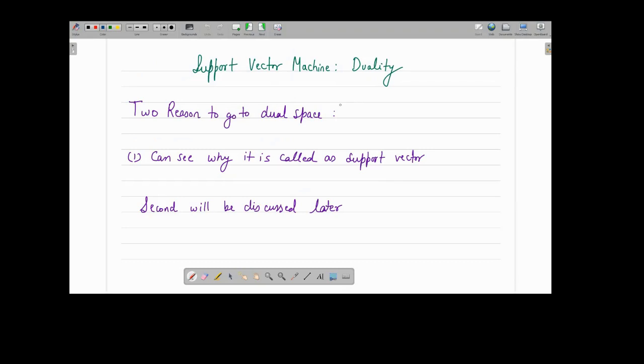We want to solve for the min-max situation, so we will go to another space, called the dual space. This particular problem which we were solving is in primal space, because recall that theta and theta 0 were primal variables. So we were trying to solve for theta and theta 0, which are in primal space.